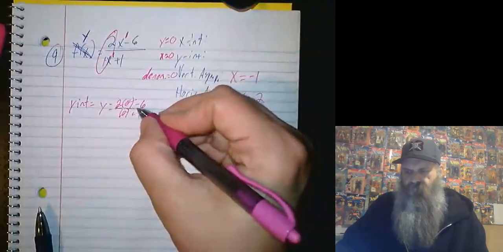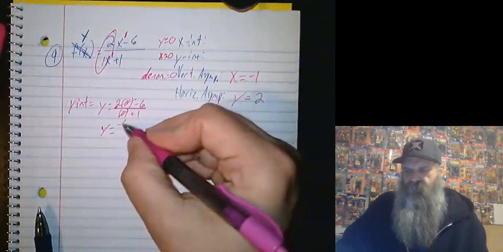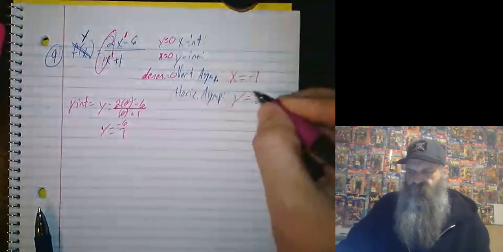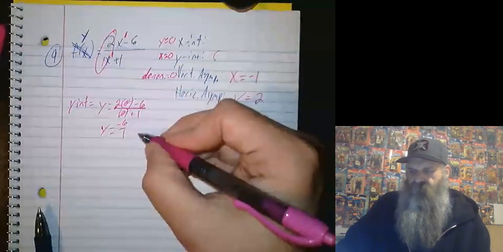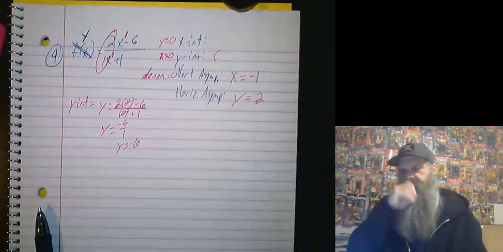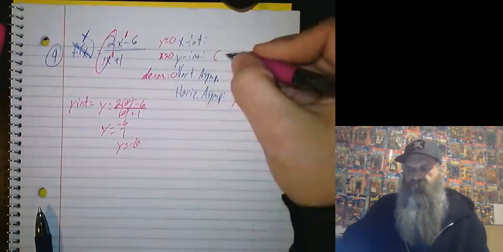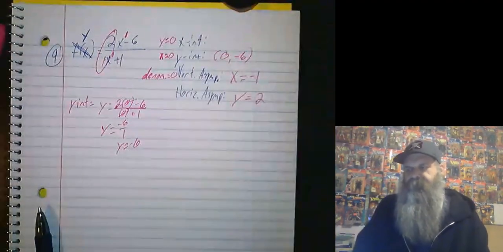Oh, sorry, this is a fraction. And so y equals -6 over 1, which is just -6. So intercepts should be ordered pairs, so 0, -6.